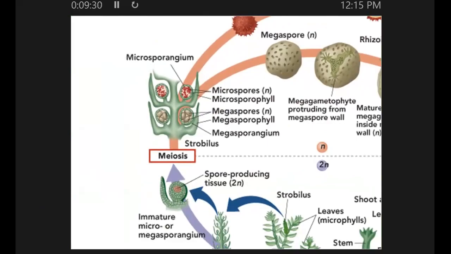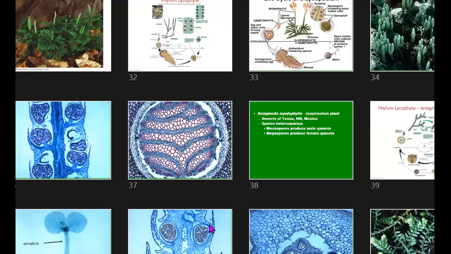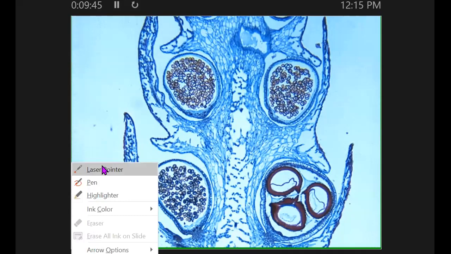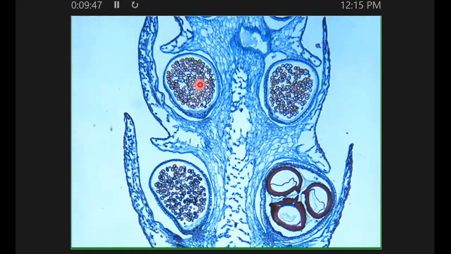If you looked at that under the microscope for real, you would see something like this. Okay, so that's a strobilus. And in this slice of the specimen, you can see 3 sporangia that have microspores. So all those spores are microspores.